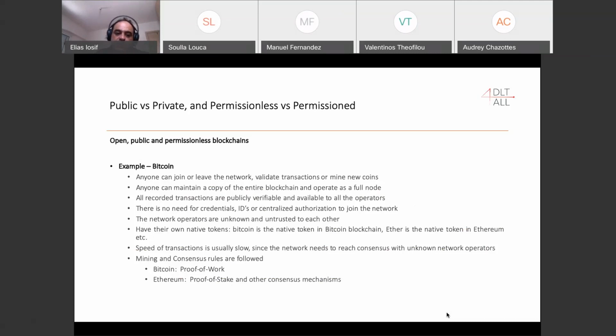Also, the network operators are unknown to each other, and by definition, no trust between the network operators is required. And one may ask, but how, without having trusted interacting partners, do we achieve trust? And the answer to this is the way the consensus algorithm works.